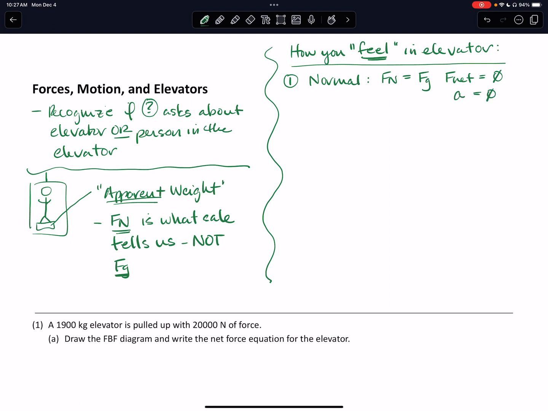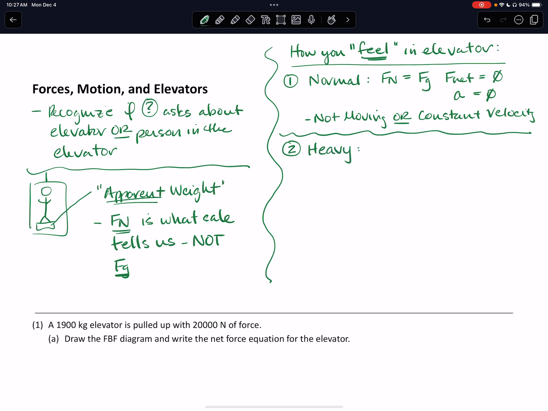So you have two choices here: not moving, or you're moving but with constant velocity. If that's what's going on, your weight and what you feel in that elevator should be the same.